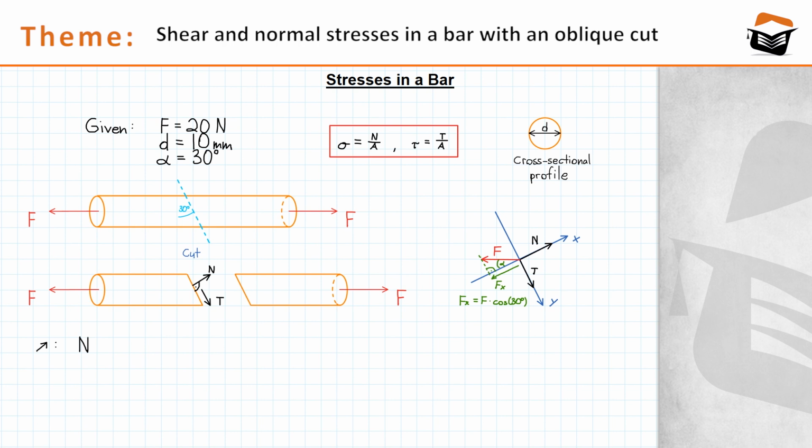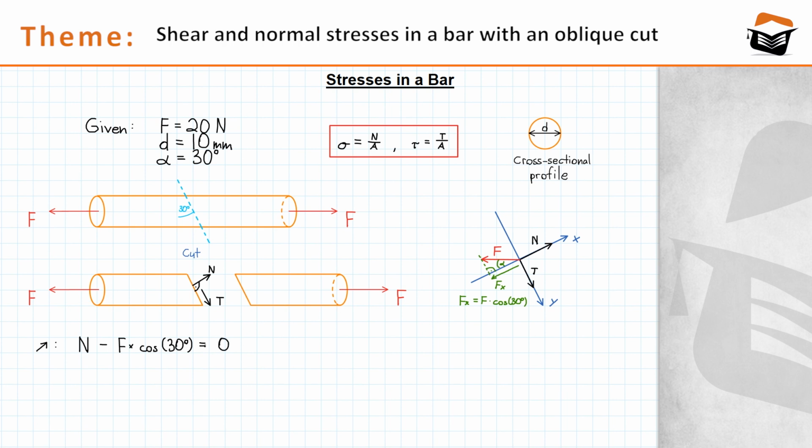So N, and now we have minus F times cosine 30 degrees. And why minus? Because the x component of the tension force acts in the opposite direction of the normal force. So that is equal to 0.